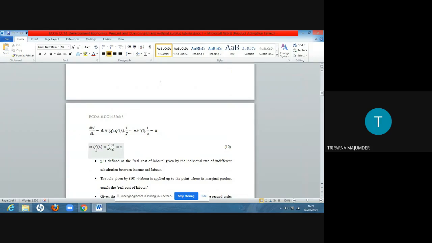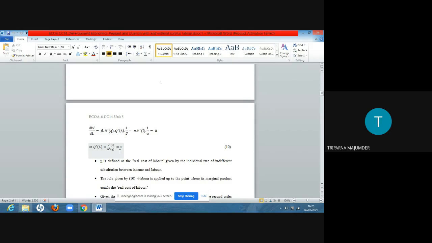You will get Q'(L), or marginal product of labor, is equal to V'(l), or marginal disutility of effort over marginal utility of effort. We have termed it as x.